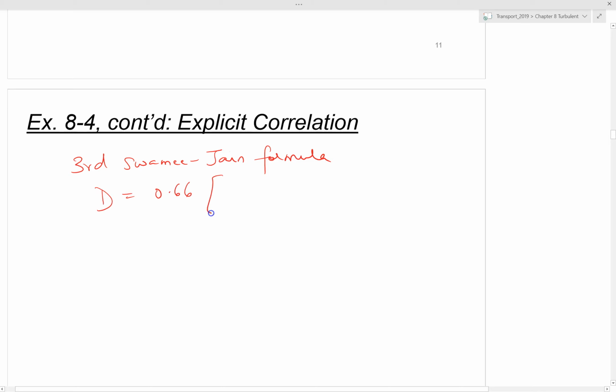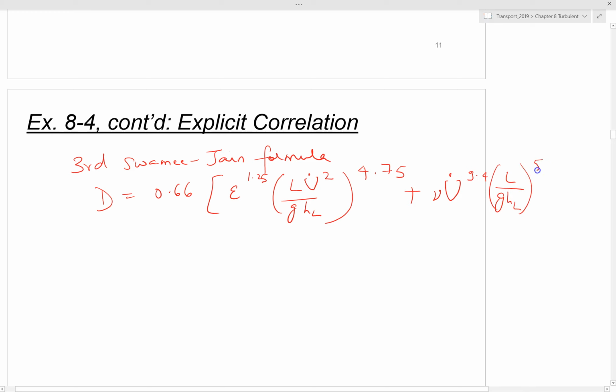D is 0.66 times [E 1.25 times (L times the flow rate squared divided by g times HL) raised to the power 4.75, plus 9.4 times (flow rate to the power 9.4... L divided by g HL) raised to the power 5.2], all raised to the power 0.04.